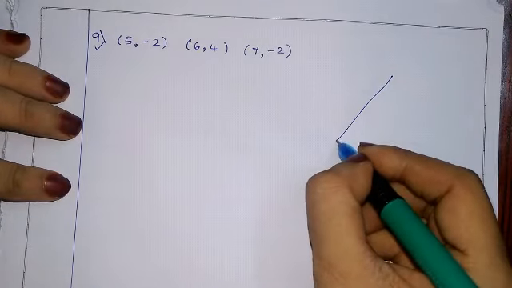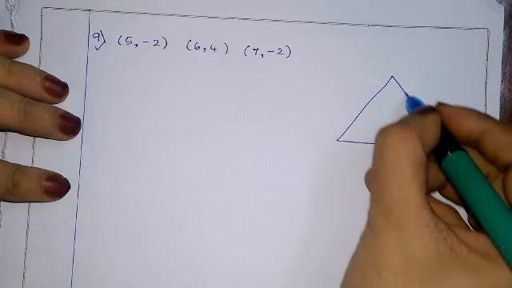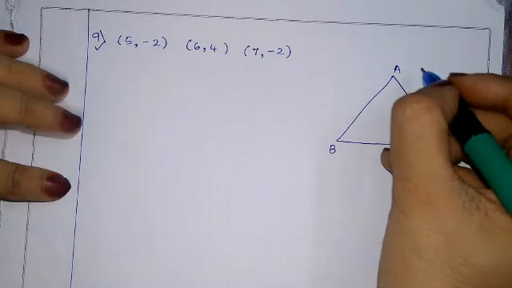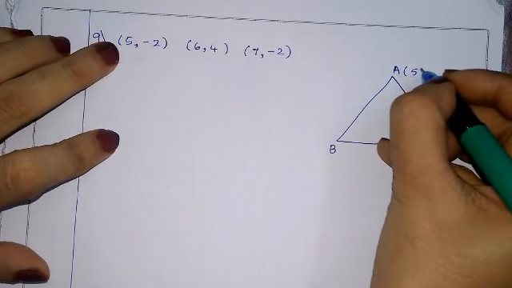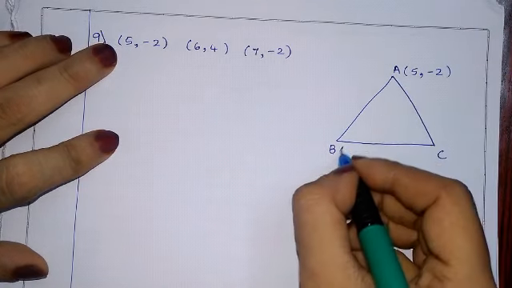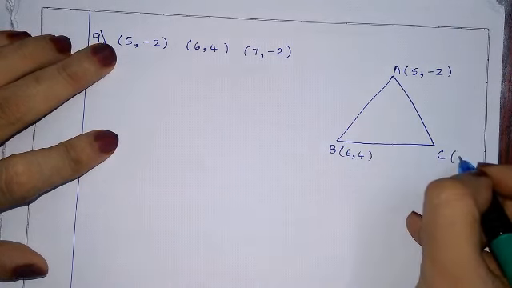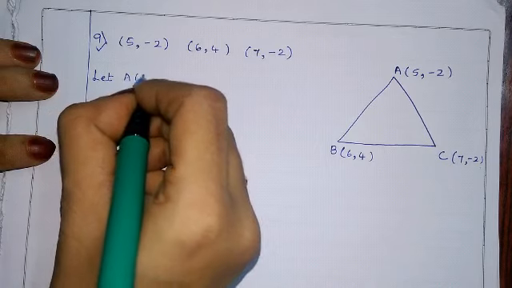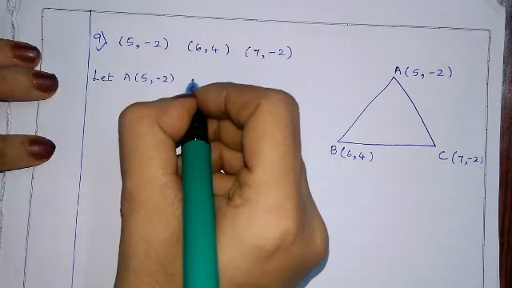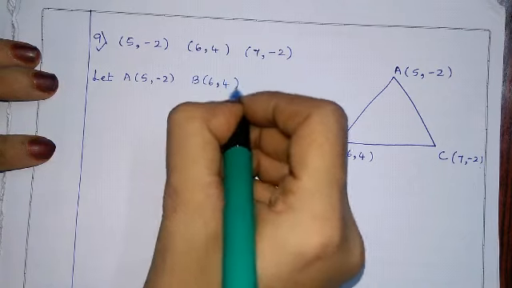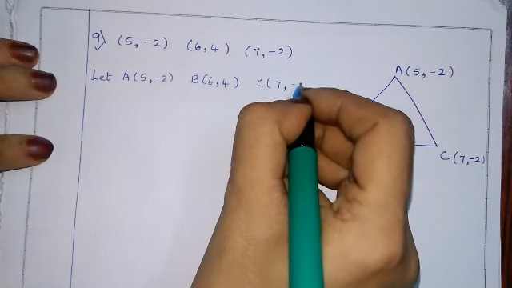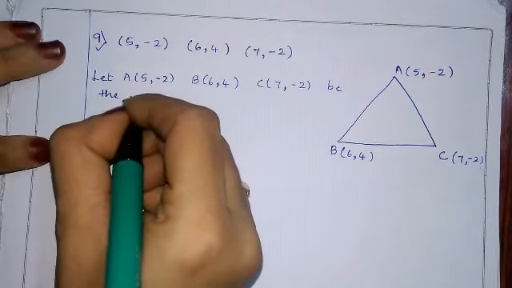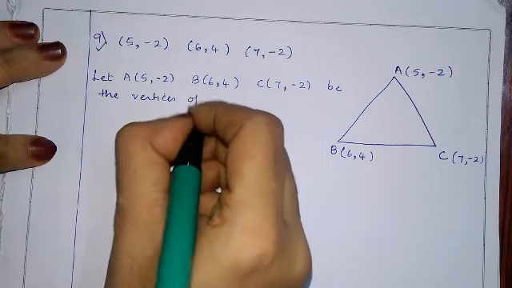Let me draw one triangle ABC. Let us take the first point as A (5, minus 2), B as (6, 4) and C as (7, minus 2), be the vertices of the triangle.